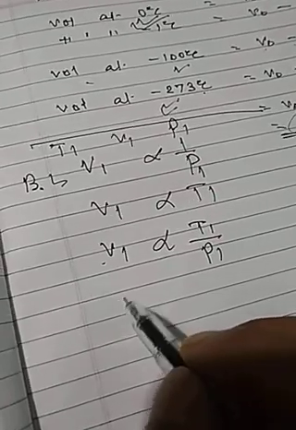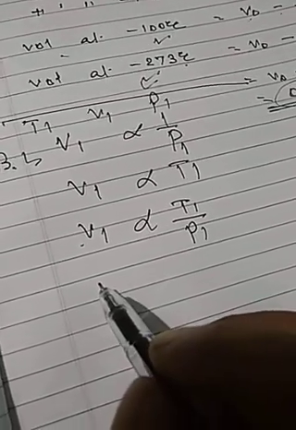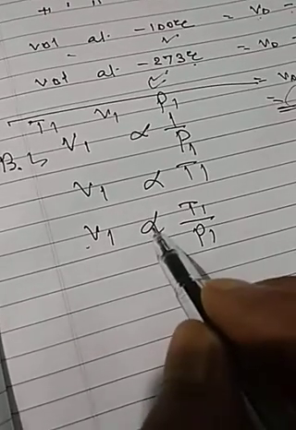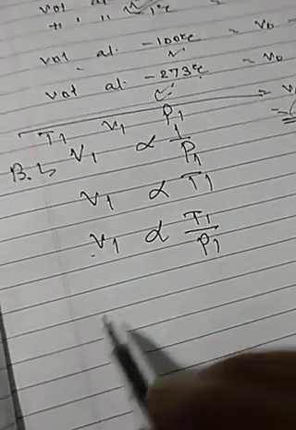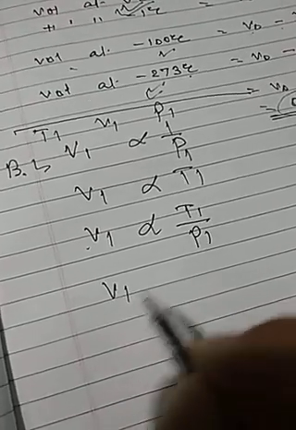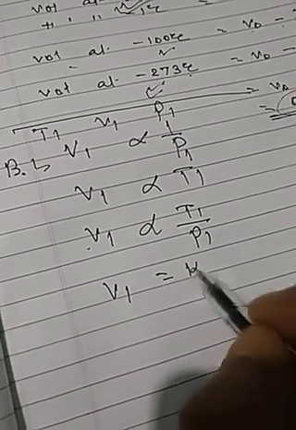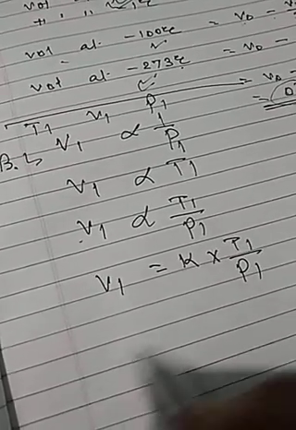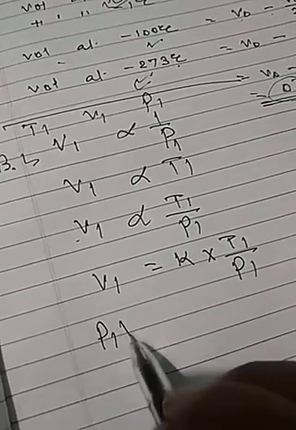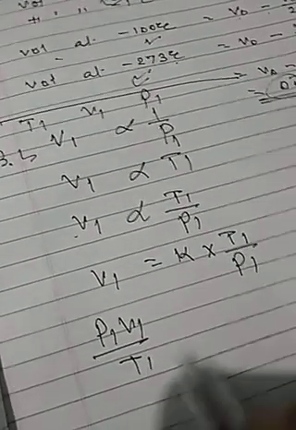We know from the maths ratio chapter that if there is any ratio or proportion, there will be a constant. So V1 is equal to K into T1 by P1, or P1 V1 by T1 will be constant.